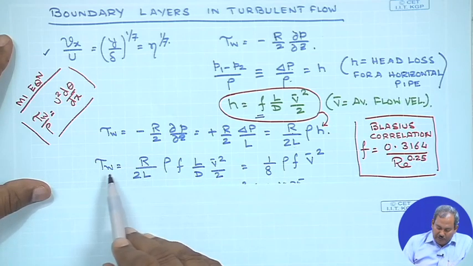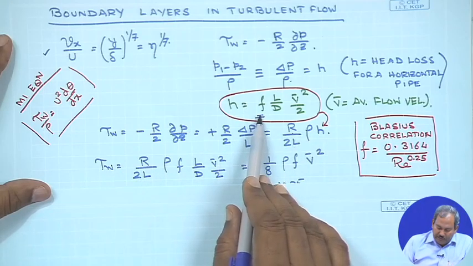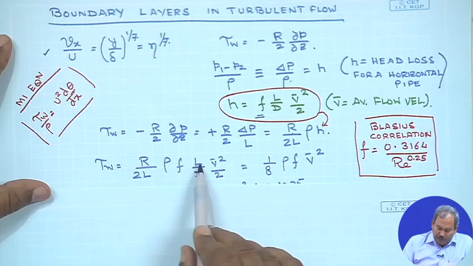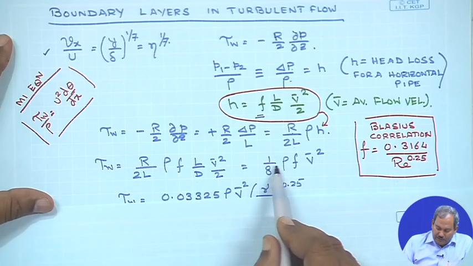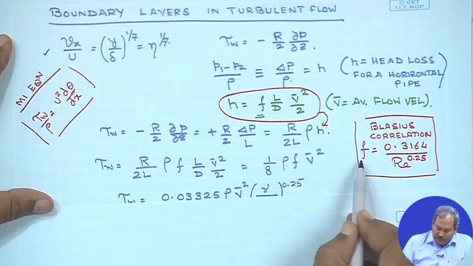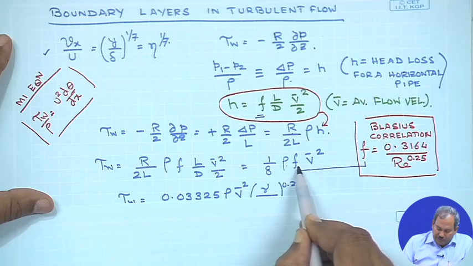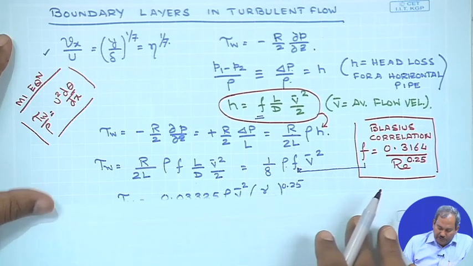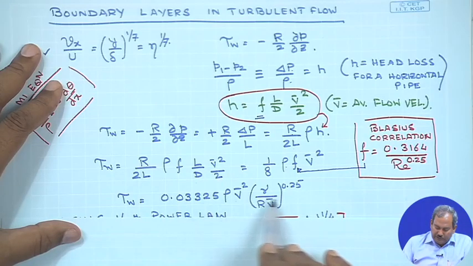So my tau w now becomes equal to R by 2L. Instead of rho H, I bring in rho f L by D times V bar square by 2, and this is simply equal to 1 by 8 rho f V bar square, and this expression for f is substituted at this point, and what we have then is tau w equals this.